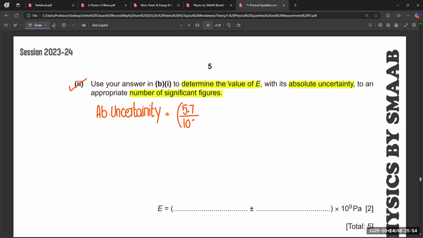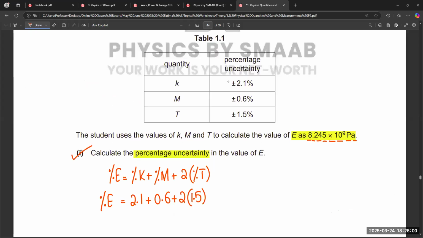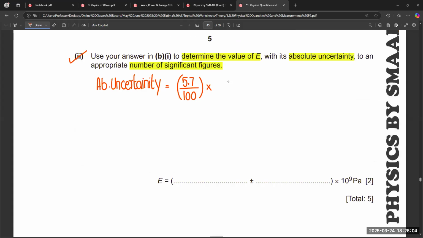It means 5.7 divided by 100 multiplied by the original value of E. The original value of E is 8.245 times 10 to the power 9. So after calculation, 5.7 divided by 100 multiplied by 8.245 times 10 to the power 9.